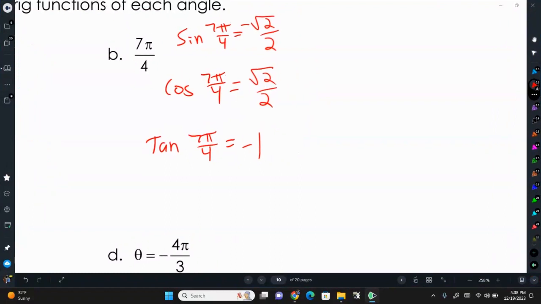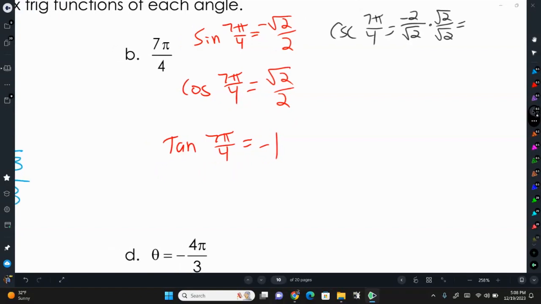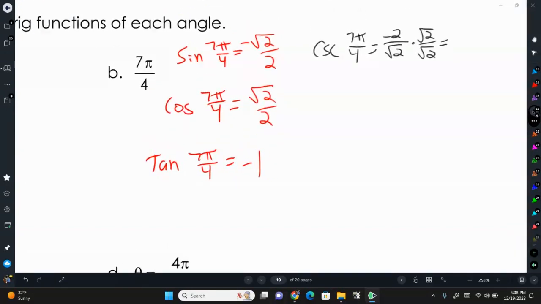All right, so then we can do the cosecant of 7 pi over 4. Well, that's going to be sine flipped. So negative 2 over the square root of 2, multiply the top and bottom by the square root of 2 over 2. That will give us negative 2 square root of 2 over 2.